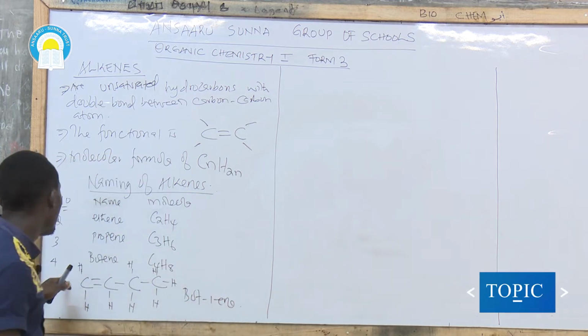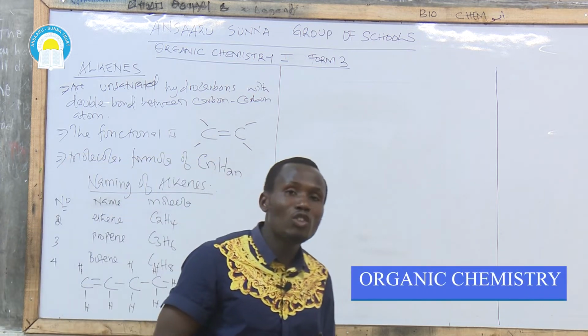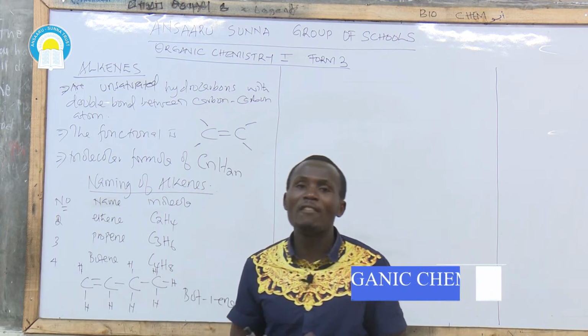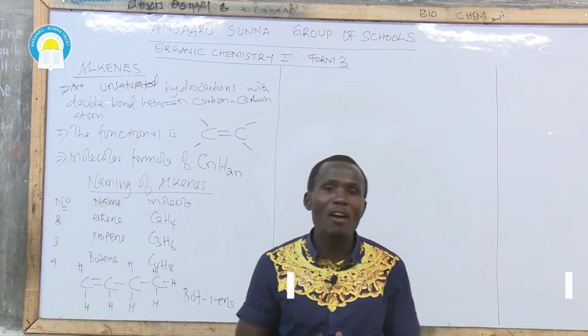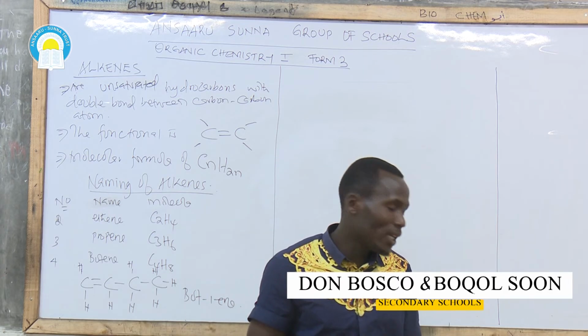That is from butene, the position of the double bond needs to be identified. We have pentene, hexene, octene, nonene, and decene.